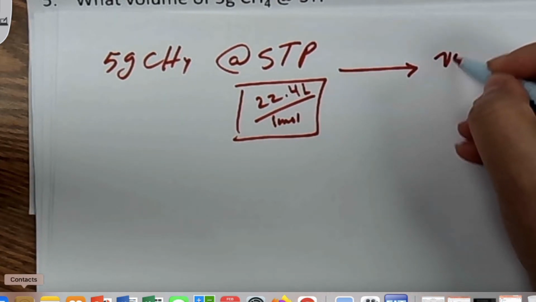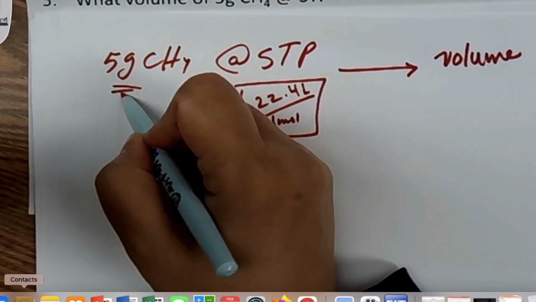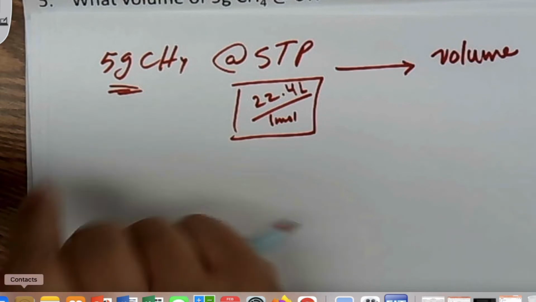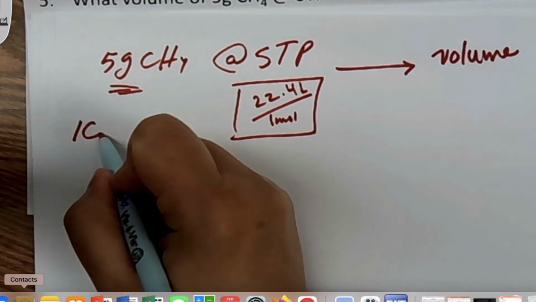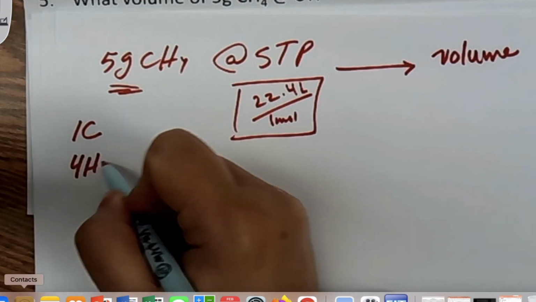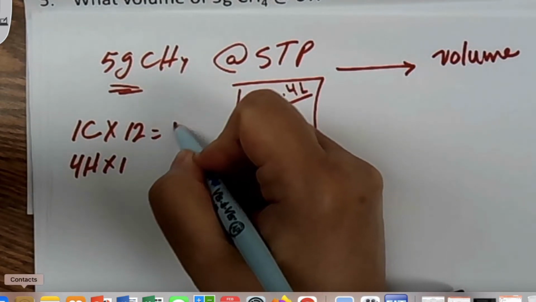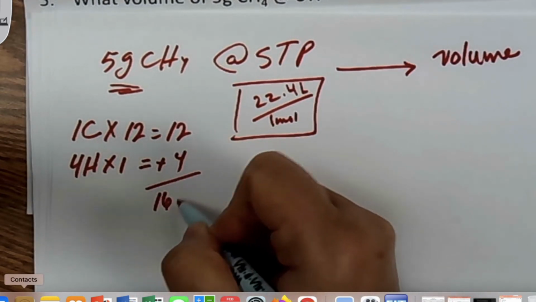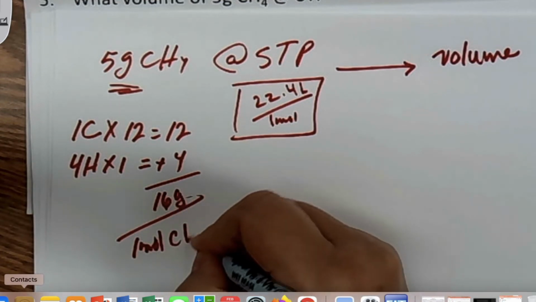So when we want the volume, grams, I can't go from grams to liters, so I have to convert that to moles first. I have 1 carbon and 4 hydrogen. Hydrogen is 1, carbon is 12, so 12 plus 4 is 16 grams per 1 mole of CH4.